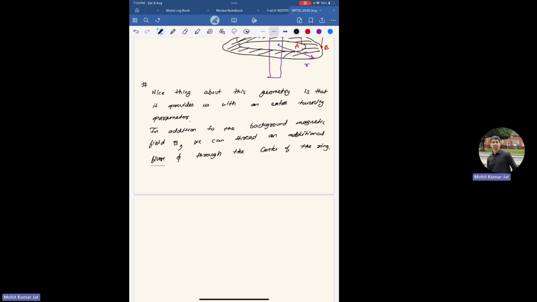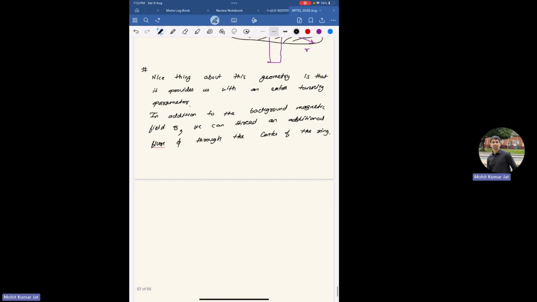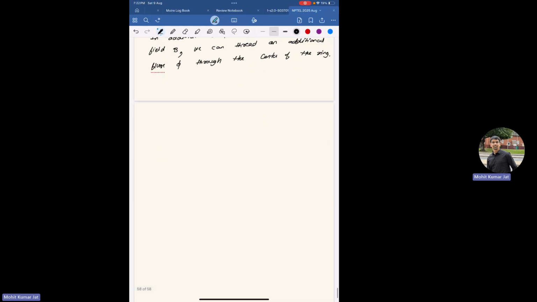And inside the ring, this phi is a locally pure gauge, basically. Nonetheless, we know that phi can affect the quantum state of the electrons also, right? So let's first see what this phi has to do with the Hall conductivity.